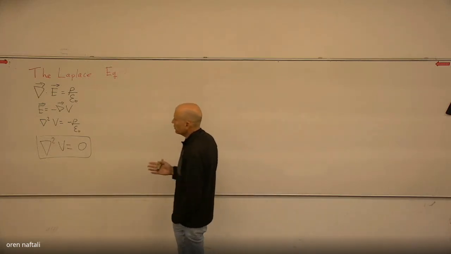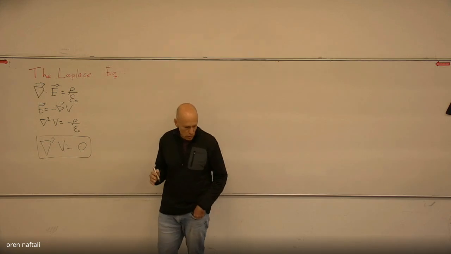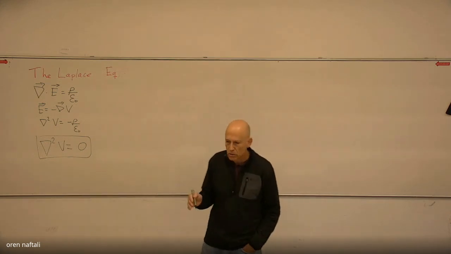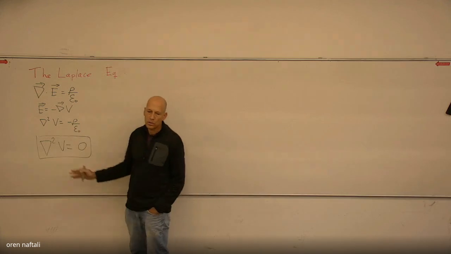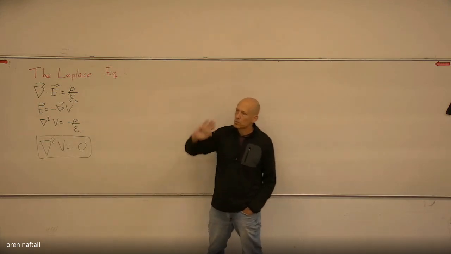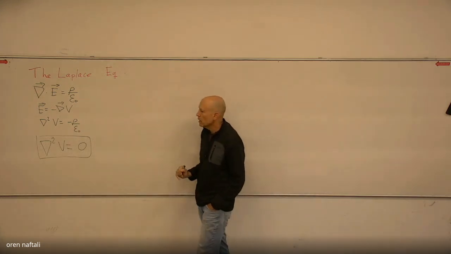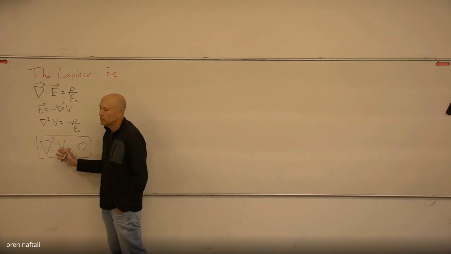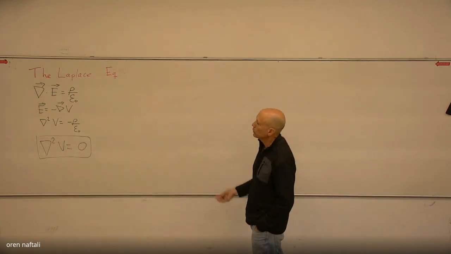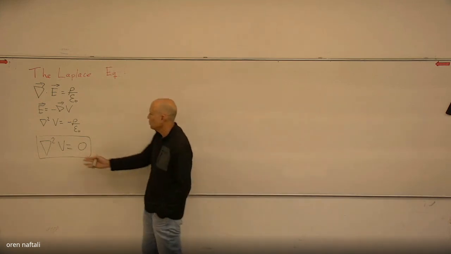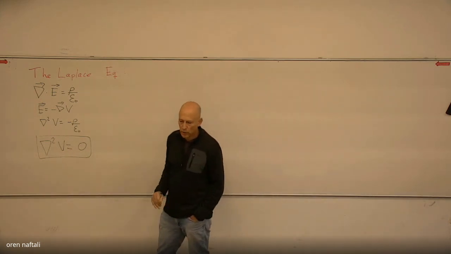And I already hinted at this issue. It's not that the charges do not exist. There are some domains in space where there are no charges. Let's say here there are no charges, but maybe far away there are charges. And then this potential can be determined on some boundary. And from this boundary condition, we will determine a non-trivial solution to this potential field.